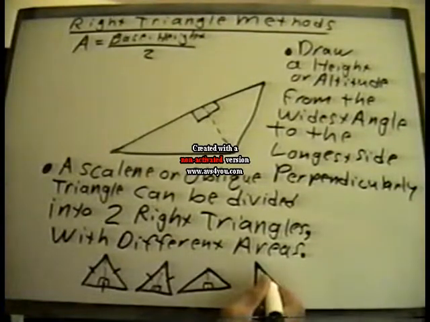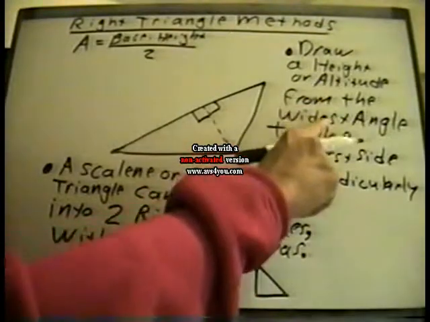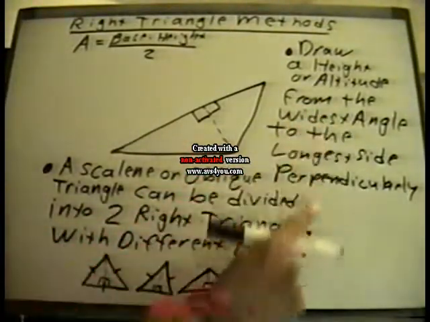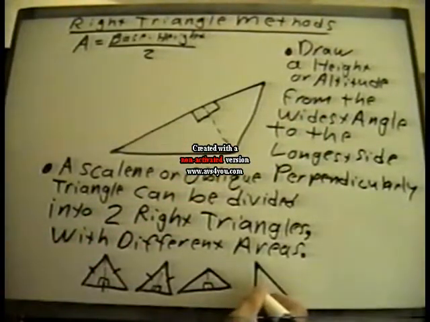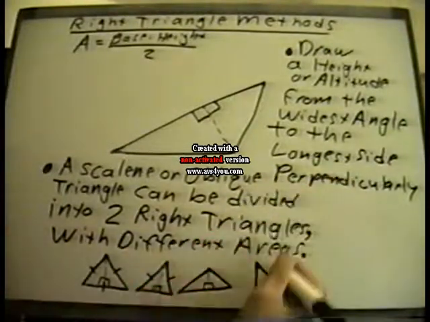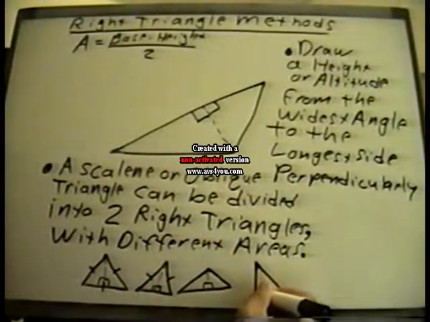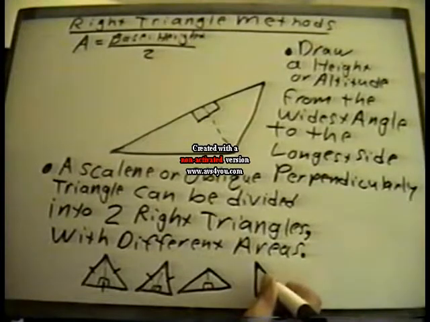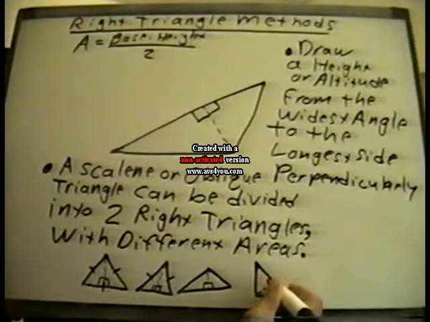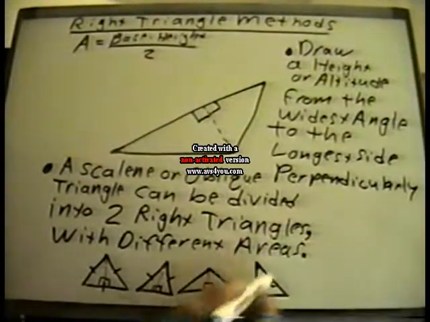And even a right triangle, which you wouldn't do because it's not necessary, can be cut into two right triangles by drawing a height from its widest angle, which is the 90-degree angle, to its longest side, which is the hypotenuse.